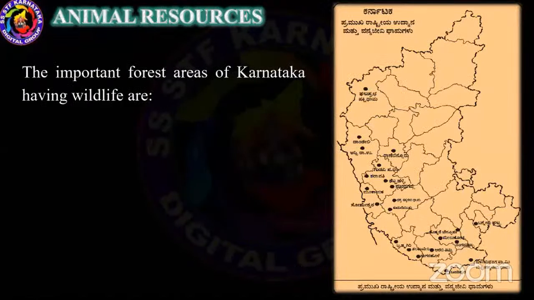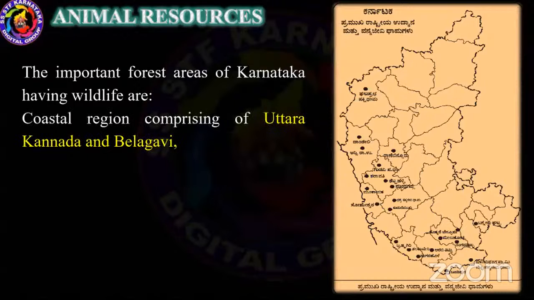The important forest areas of Karnataka which have wildlife are the coastal region comprising Uttara Kannada and Belgaum. It includes North Kanara and then Belgaum district.